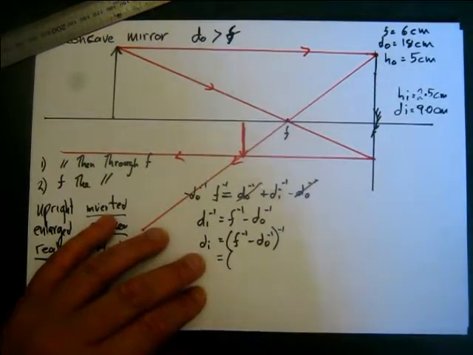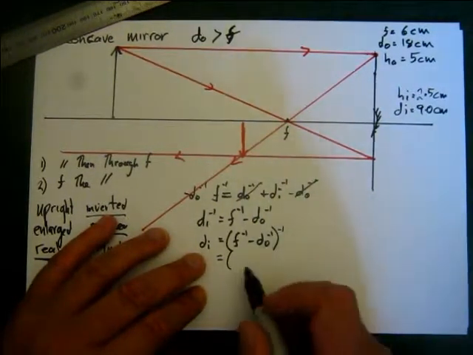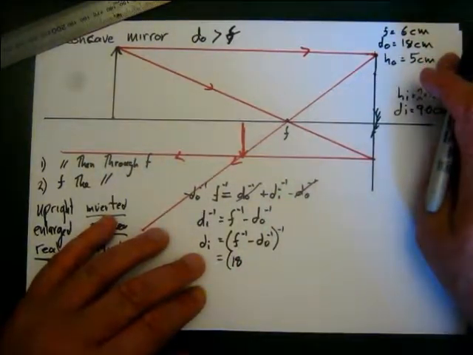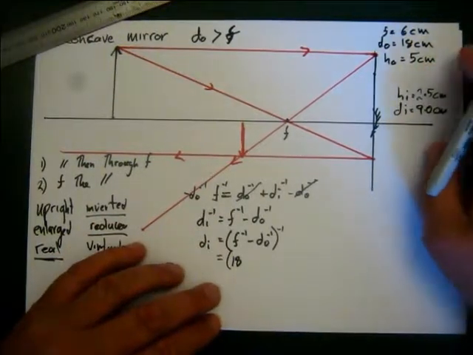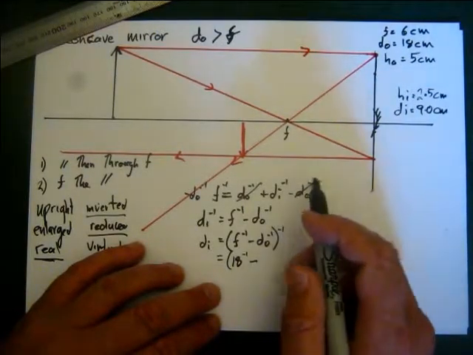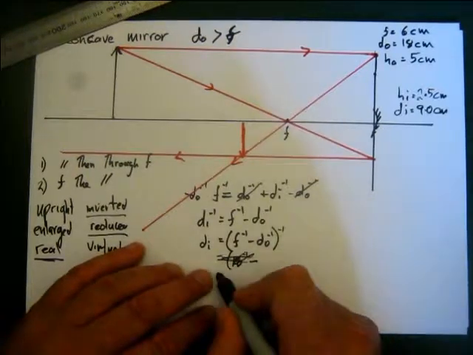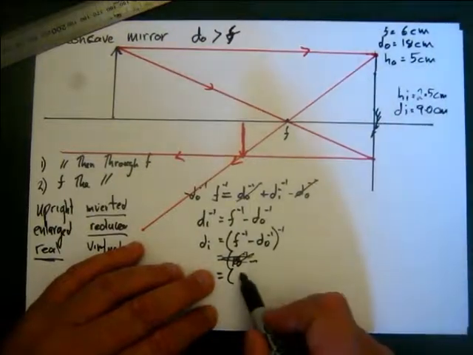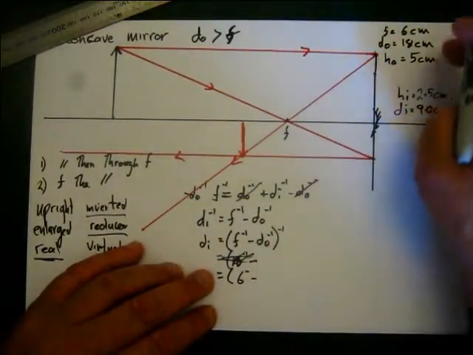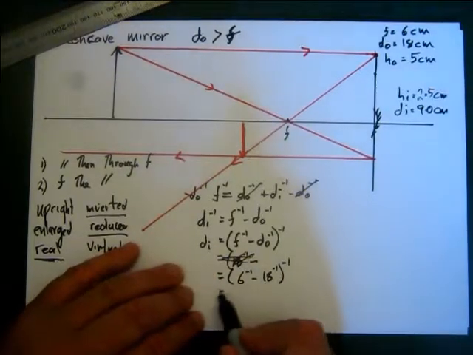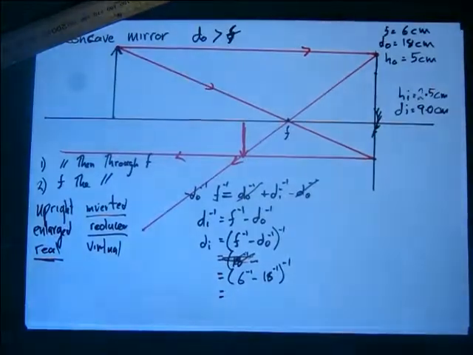So DI equals, what's that going to be? As long as they're all in the same unit, it doesn't matter if you use centimetres or metres or inches. So F is 6 inverse minus DO is 18 inverse, all to the minus 1 equals, calculator time.